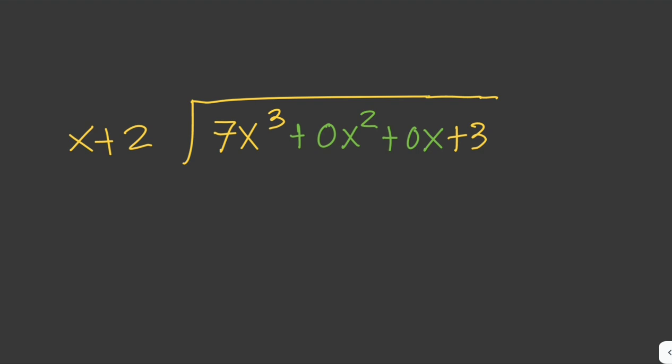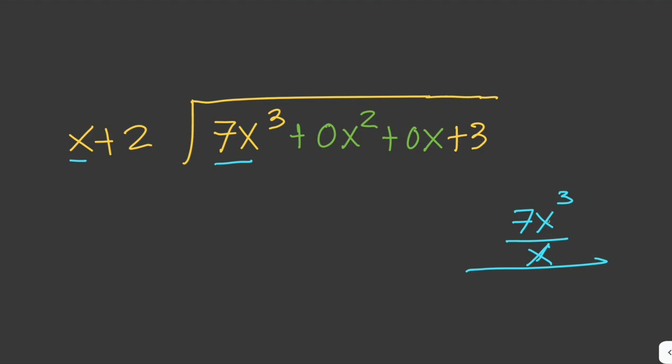When dividing polynomials, we divide the first term of the dividend by the first term of the divisor. So we divide 7x cubed by x. When dividing terms with the same base, we just subtract the exponents.